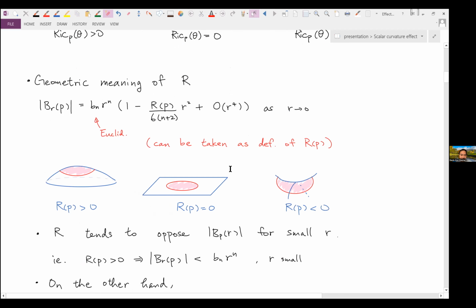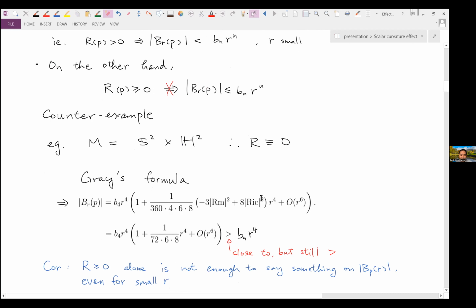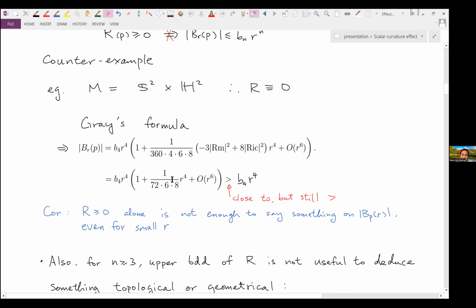So it turns out the next non-trivial term is r to the power 8, and that factor turns out to be a positive factor, right? So it's 1/3000 something, I guess. So it's just slightly bigger actually than the Euclidean ball, although it's very close.